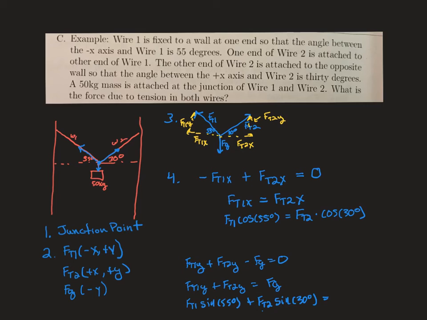And remember, FG is equal to the mass times the acceleration due to gravity, or the gravitational field strength, however you want to think about it. So we're going to take the 50 kilogram mass here times 9.8 meters per second squared. Alright, now we still have two unknowns, but we have two equations now, so we can do an algebraic substitution to finish up this problem.